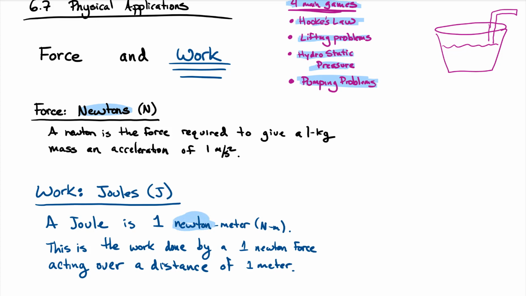So it's 1 Newton force per meter. This is the work done by a 1 Newton force acting over a distance of 1 meter. So possibly you got something right here and we want to move it 1 meter. Well, it's going to be a joule if it took 1 Newton of force to move this thing 1 meter.